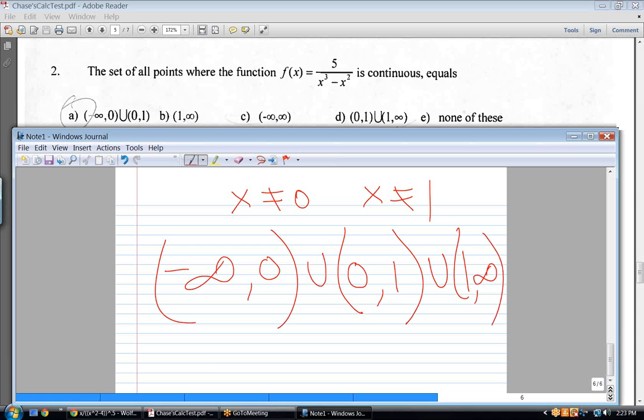Yeah. I don't see that answer on there, so I should have answered E, none of these. None of these is the only thing I can figure out. Yeah, because they don't put that three-interval combination answer on there. Really shouldn't have tried rushing as much as I did.